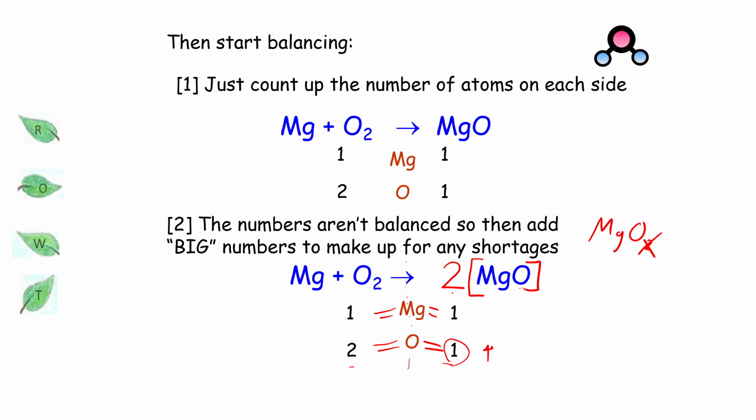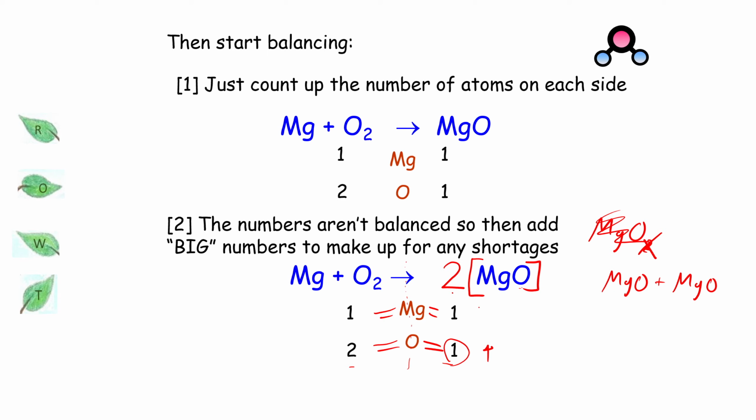You cannot do that. You cannot put a little 2 underneath, because that changes the whole formula. That will no longer be magnesium oxide. So now that I've put a big 2 in front of this, we should know, because I've got 2 of these, it's the same as writing magnesium oxide plus magnesium oxide, right?